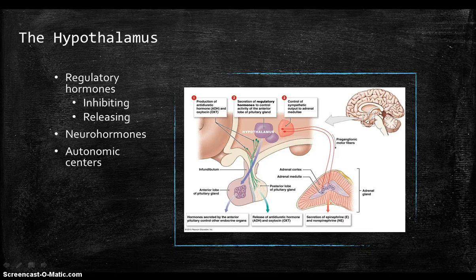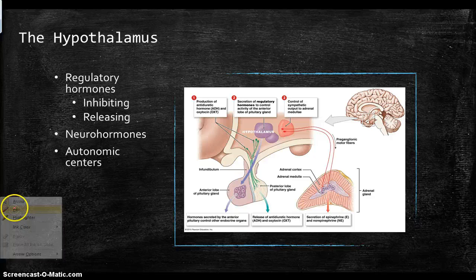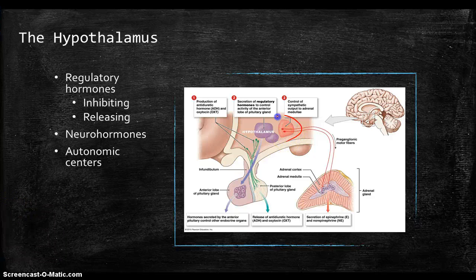Where I want to focus right now is on the autonomic centers. Located in the hypothalamus are these autonomic centers that are controlling the sympathetic output to the adrenal medulla. What does that mean?